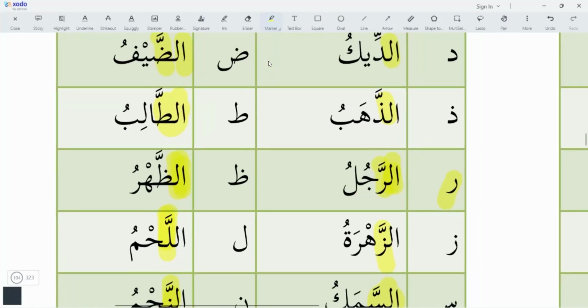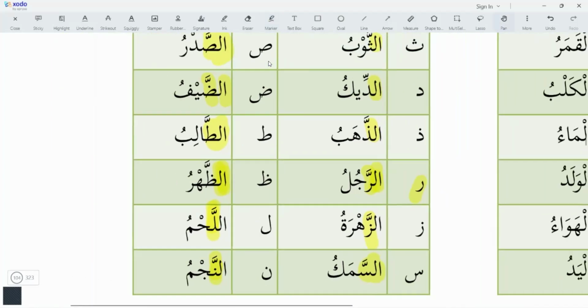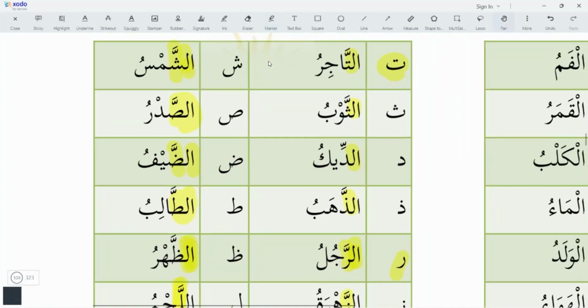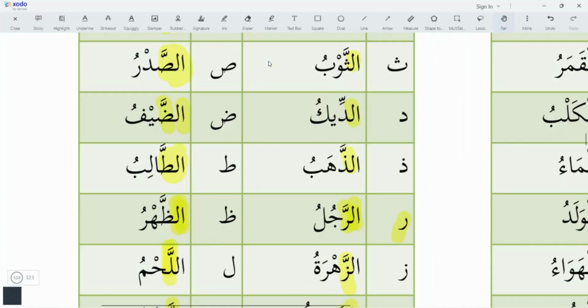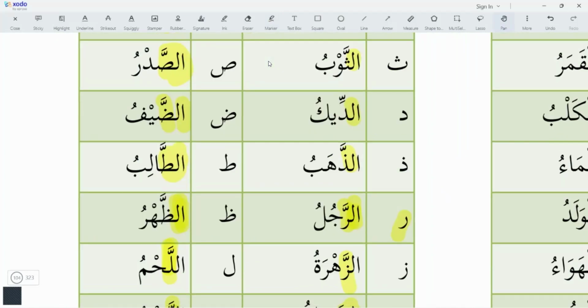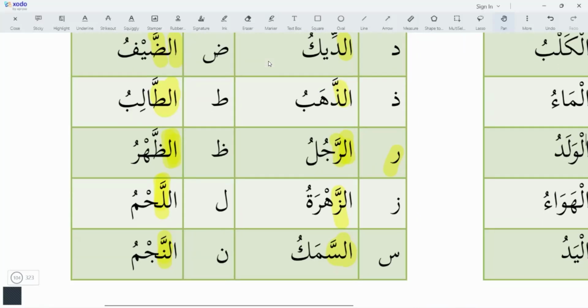So what is the meaning? At-tajiru, merchant. As-sawbu, dress. Ad-diku, rooster. Az-zahabu means going. Ar-rajulu, man. Az-zahratu, az-zahabu means, I think, gold.